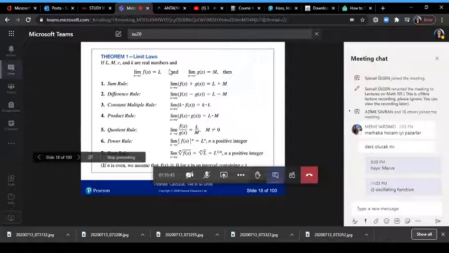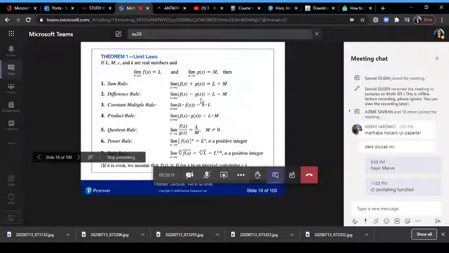Let's assume that f and g are two functions that have limits. For f, as x approaches c, the limit is L. For g, as x approaches c, the limit is M. So what happens if we add them up, f and g? The limit is the sum of the limits.